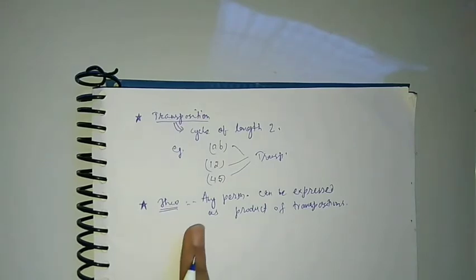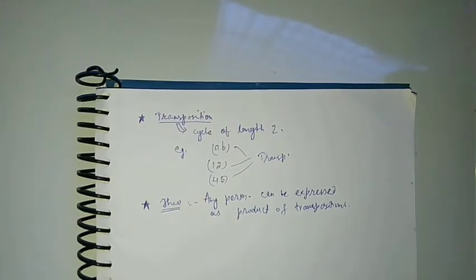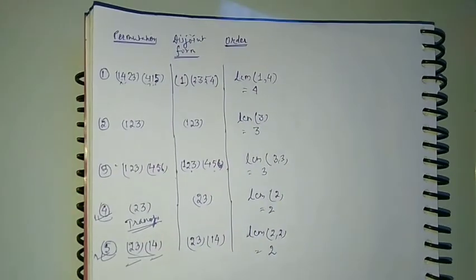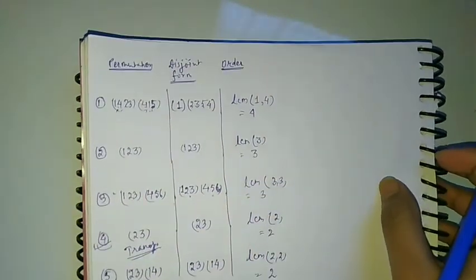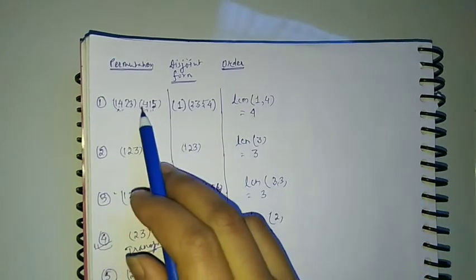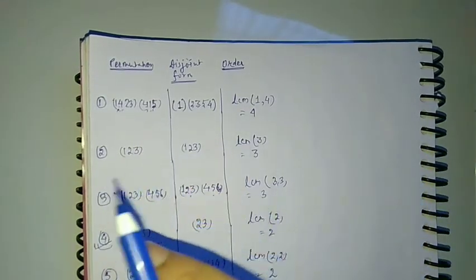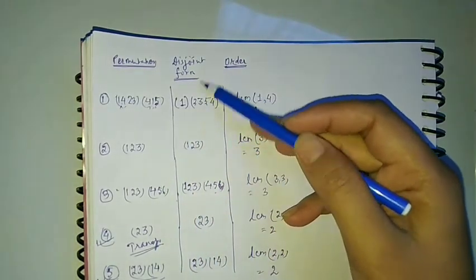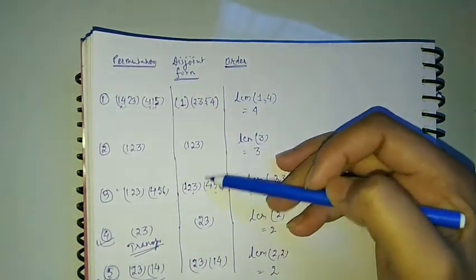To understand this theorem, we are going to take our previous examples again. In order to convert any permutation into a product of transpositions, first we have to write it in the disjoint form, like we have done.